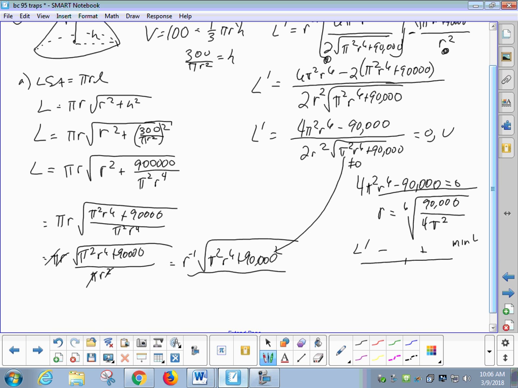I know the radius here generates a min. The height that's attached to that would be 300 divided by pi and that thing squared. So those would be my components. That was a humdinger, huh?